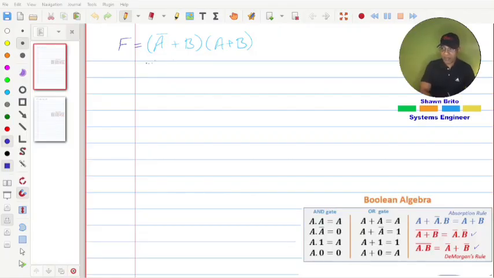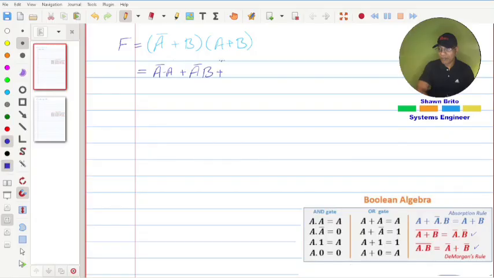So let's simplify this now. Standard algebra rules also apply. So that's A bar multiplied by A, plus A bar multiplied by B, plus BA, plus BB. Now we can look at the tables down here.